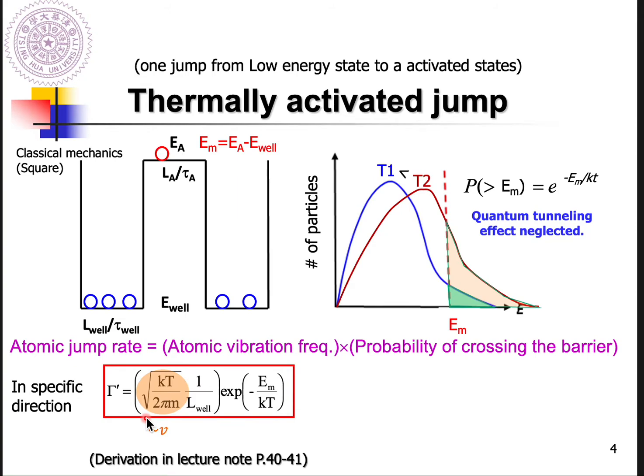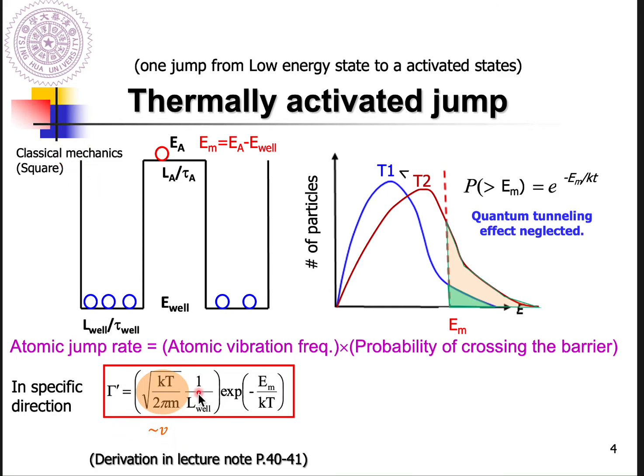Roughly it's like the kinetic energy, 1/2 mv squared equals kT. So to estimate the velocity, you find it's the square root of kT over m. But you still have 2 pi here, which is due to some other considerations in classical mechanics. If you are interested in that, you can check the books on classical mechanics.